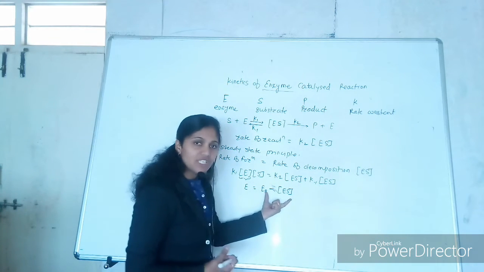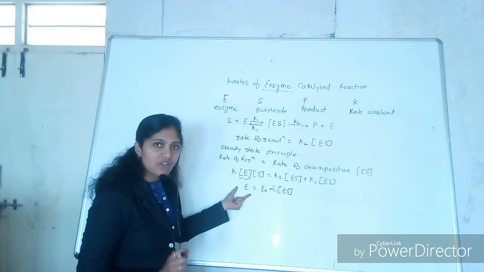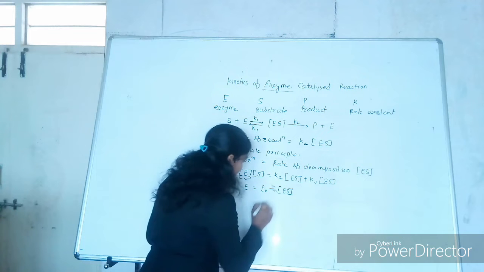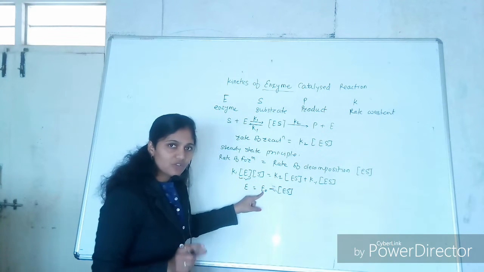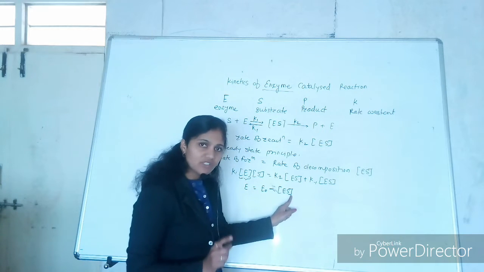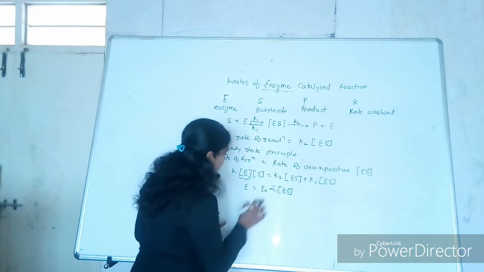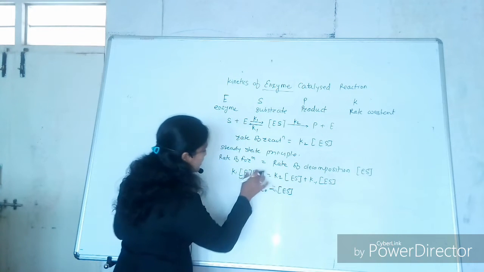So by using the difference between these two concepts we will get the actual concentration of enzyme. Okay, E0 is the total concentration of enzyme in the reaction, Es is the concentration of enzyme involved in the reaction. So we can put this value in this relation.